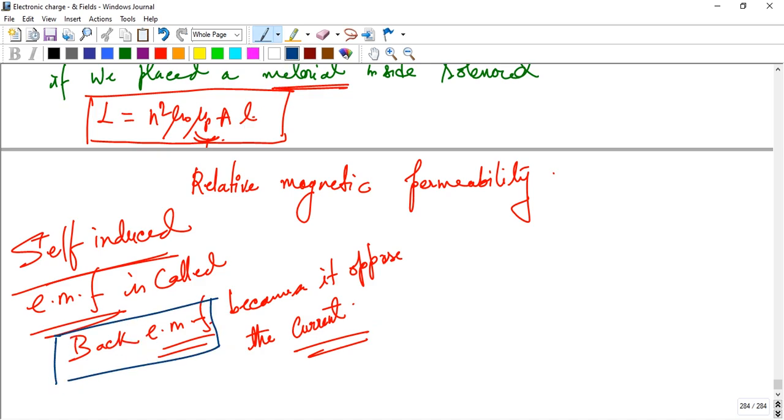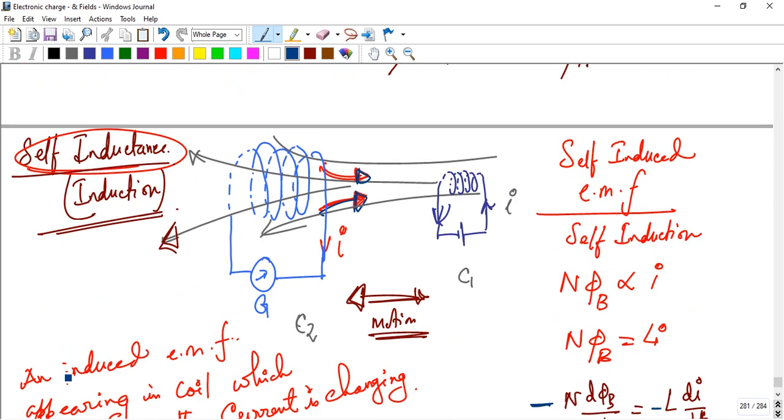Keep in mind, that is very important: these are called back EMF because current is generated and it acts in the opposite direction. When coil C1 moves towards coil C2, there is a back EMF.